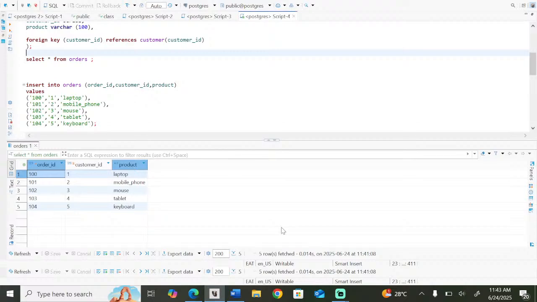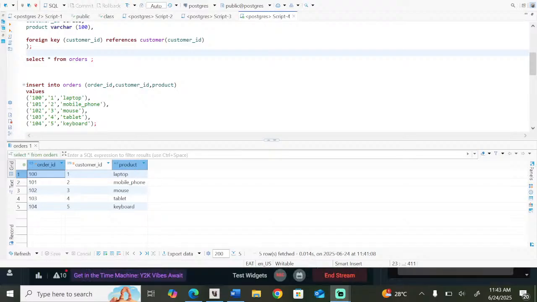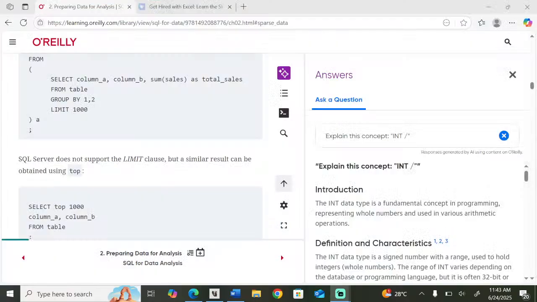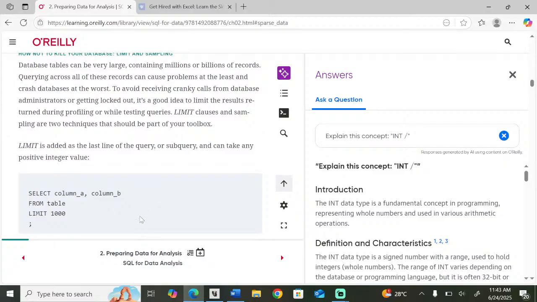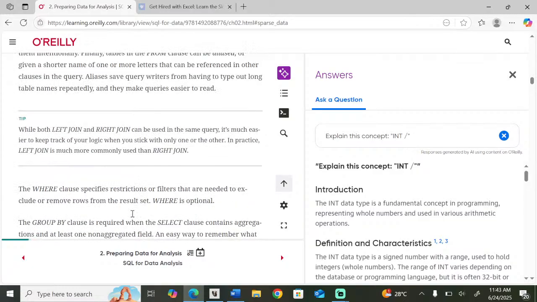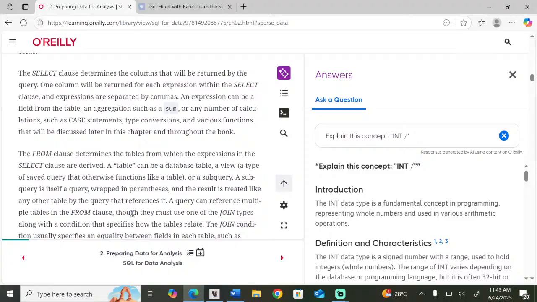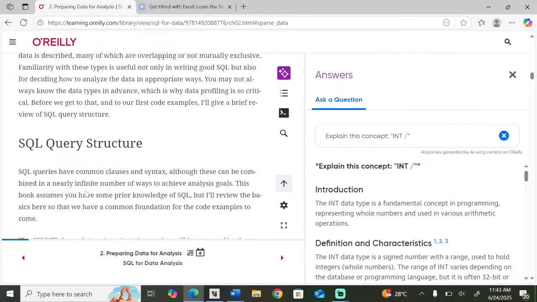Now let's go back to our book and check if there's anything that needs to be discussed further. So we were talking about the select statements.